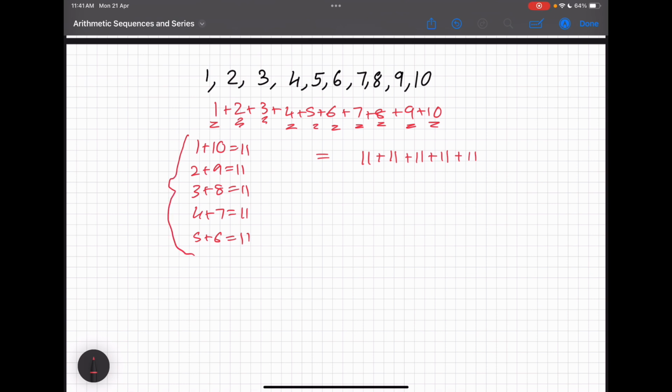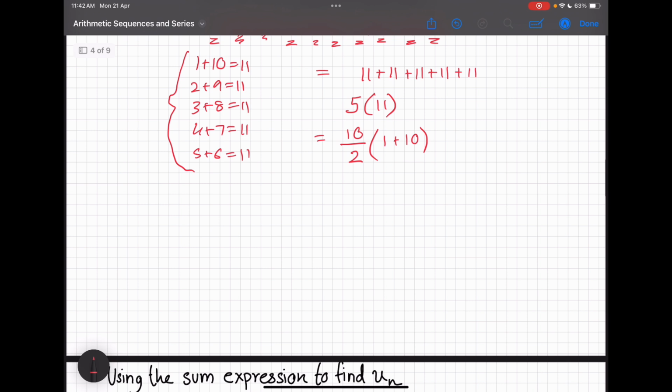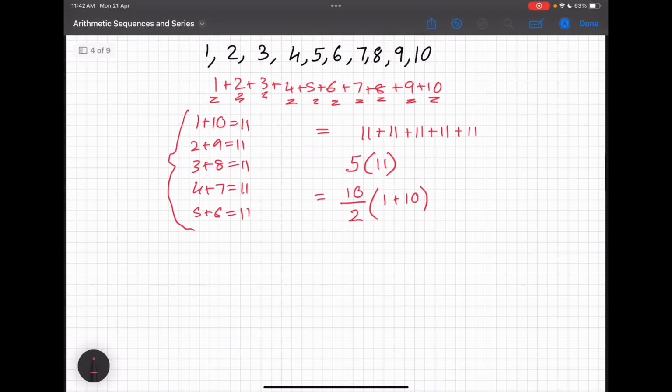This can further be simplified into 5 times 11, because we have 11 5 times. If we look at it even further, it can be written as 10 by 2, because 10 divided by 2 is 5, times (1 plus 10). We know that the number of terms in this sequence is 10, because there's 1, 2, 3, so on, all the way till 10.